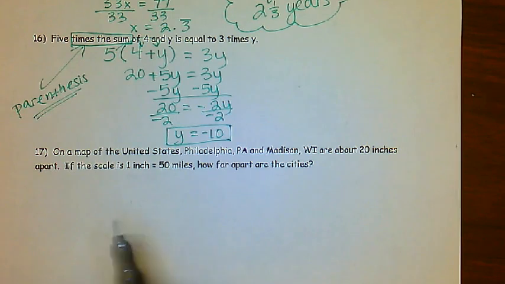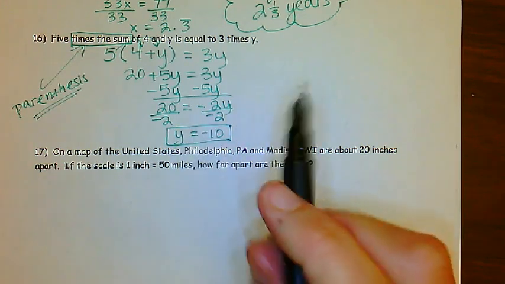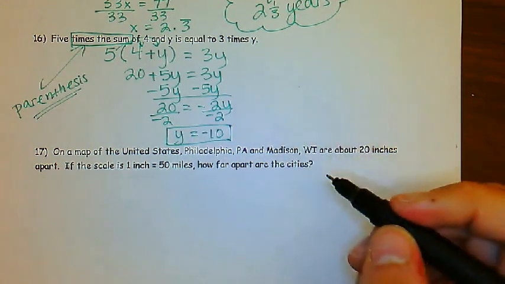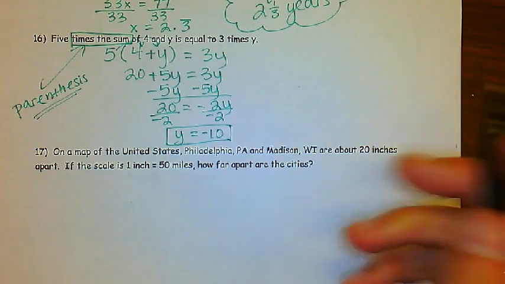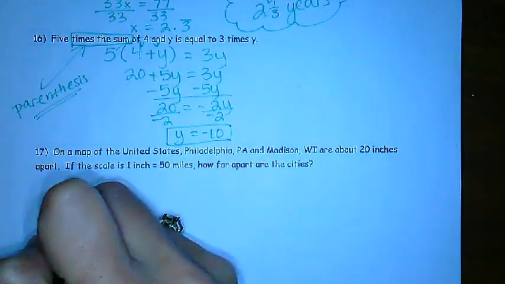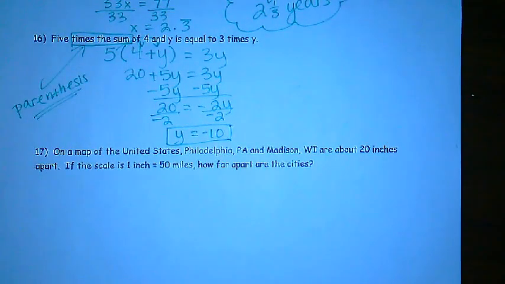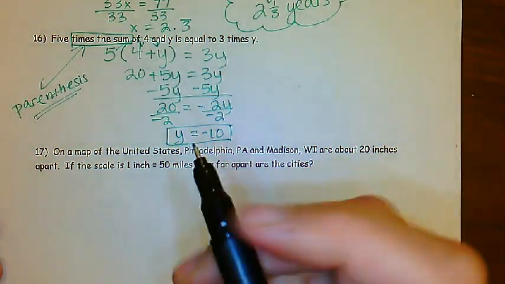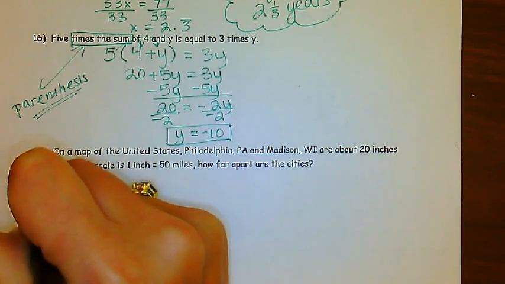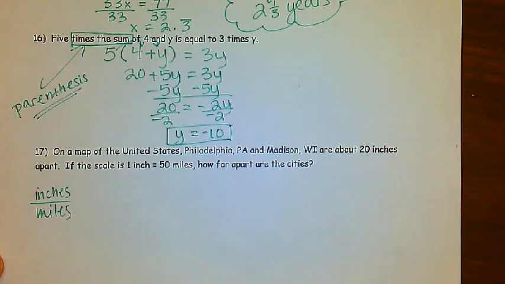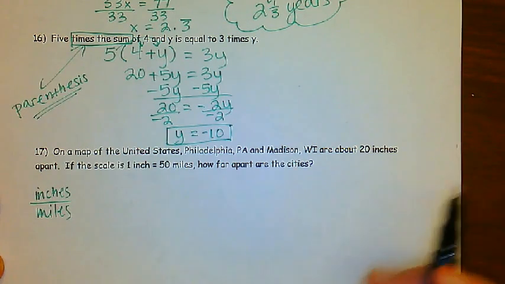All right, so on a map, this is a great ratio question for scales, and it's kind of applicable too. I know we would probably just put them in our calculator, or put them in our GPS, find our way that way, but okay, so the first thing I'm going to do is inches over miles. I like to put that on the side of my paper before I write my proportion.